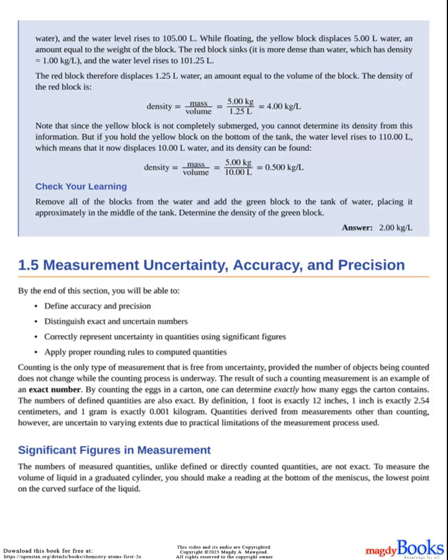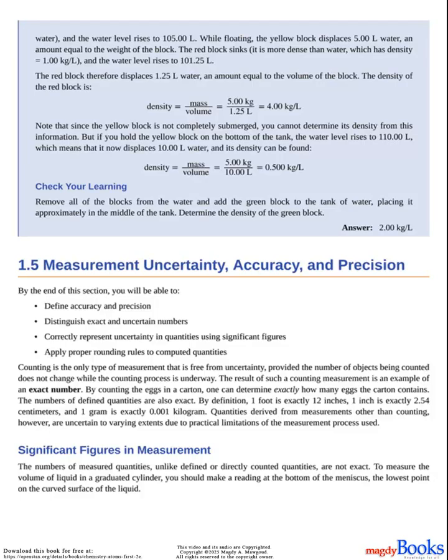The density of the red block is density equals mass divided by volume equals 5.00 kg divided by 1.25 liter equals 4.00 kg per liter. Note that since the yellow block is not completely submerged, you cannot determine its density from this information.